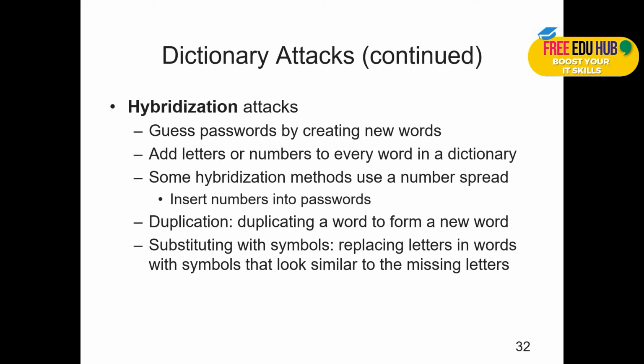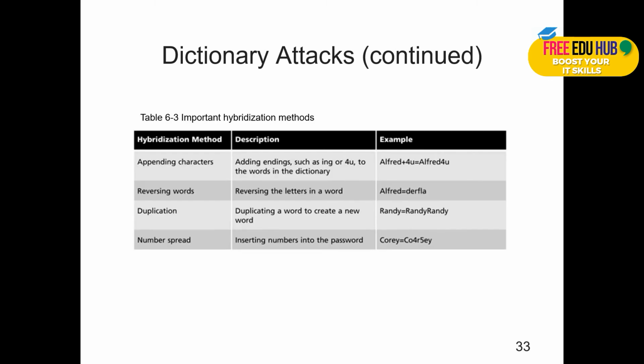Another is duplication, duplicating a word to form a new word, or substituting symbols, replacing letters with numbers and symbols that look similar to the missing letters. For example, people enter $ instead of S, or 0 instead of O.